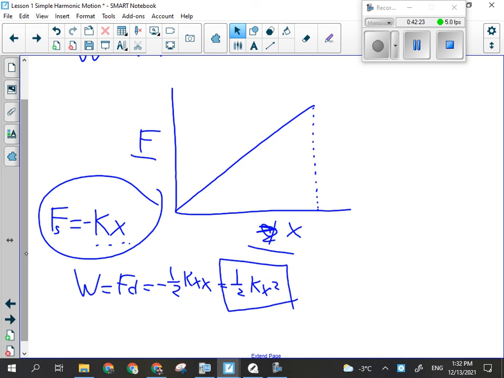That's why this formula has to have a negative in it, because force and displacement are both vector quantities, and I need to make sure that my restoring force has the right vector. It's opposite the direction I displace the rubber band. I displace the rubber band to my right, so the rubber band has to pull to the left. Restoring force is always opposite the displacement. Everybody all right with that?